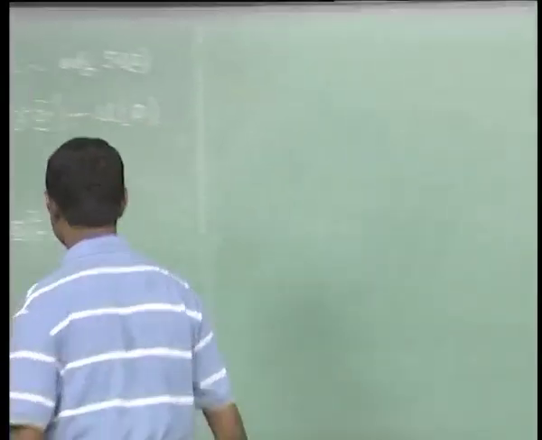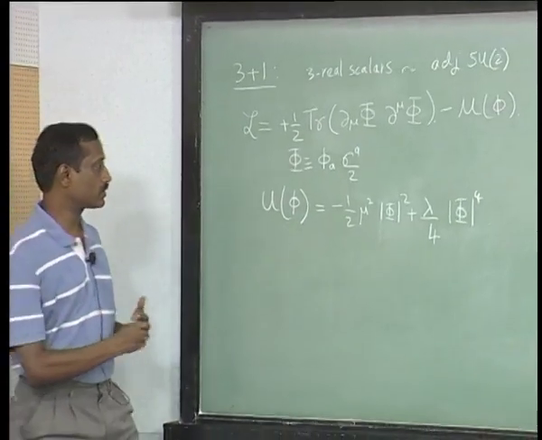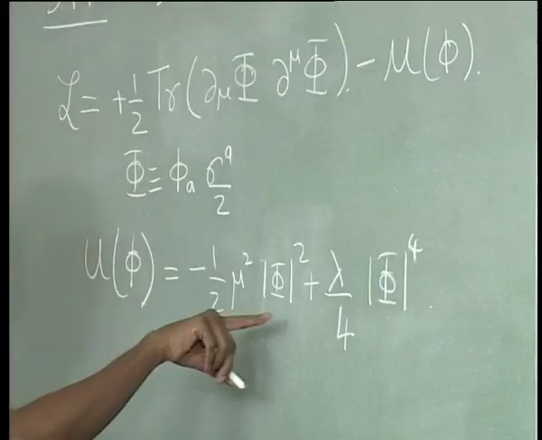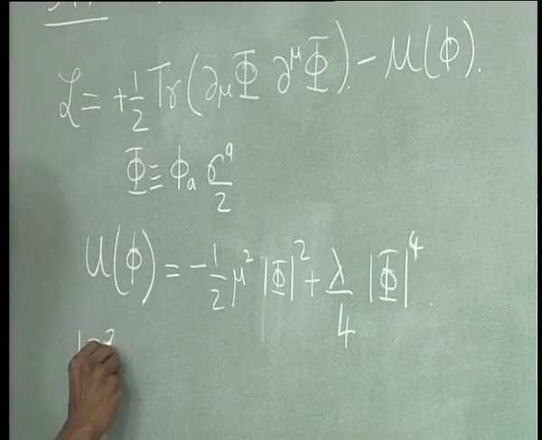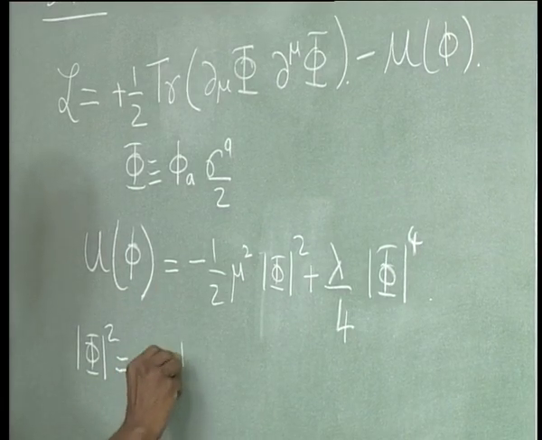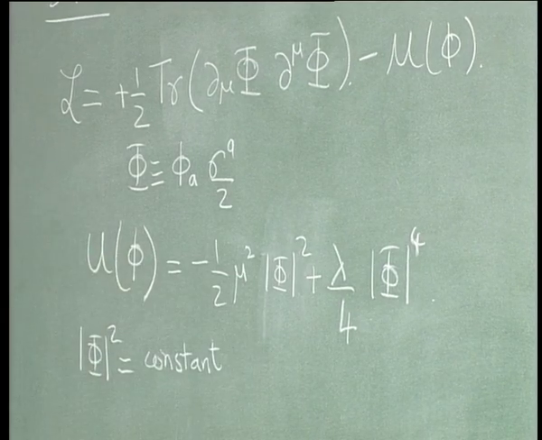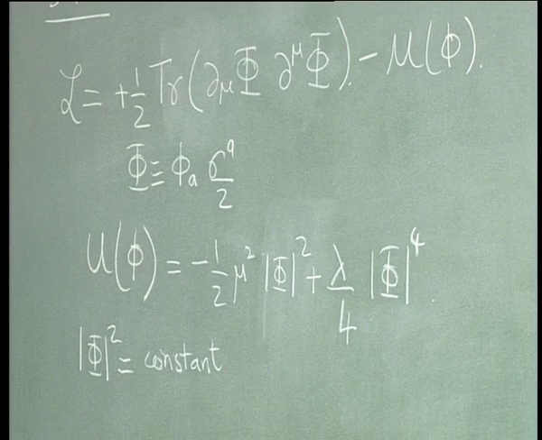Okay. So this is the usual quartic potential that we know, and this thing has a minimum when mod phi square is equal to a constant, and that constant is the minimum of this potential. Okay. What was that minimum? It was mu square by lambda.